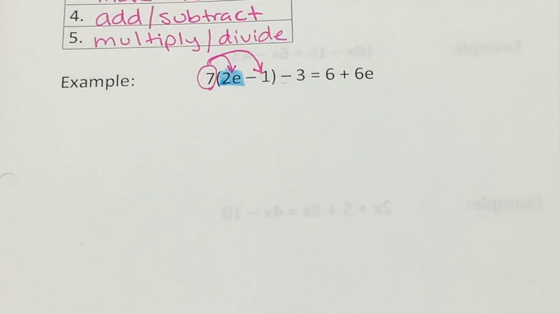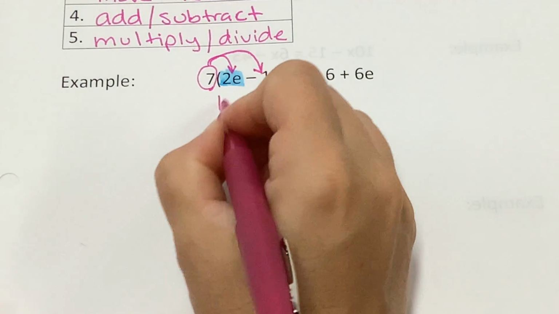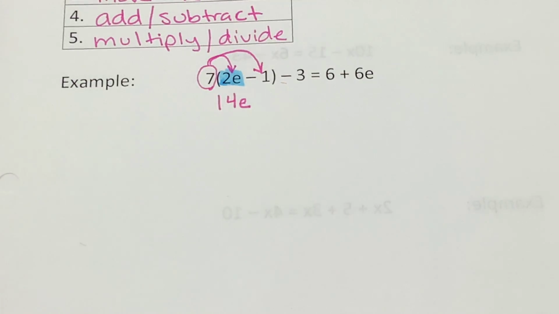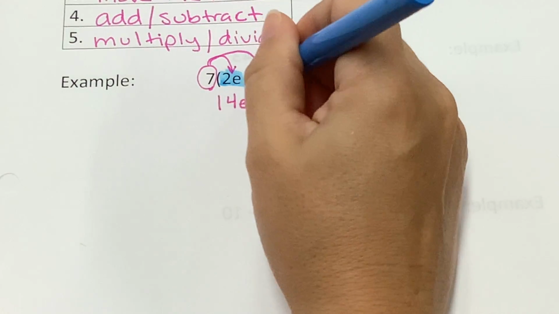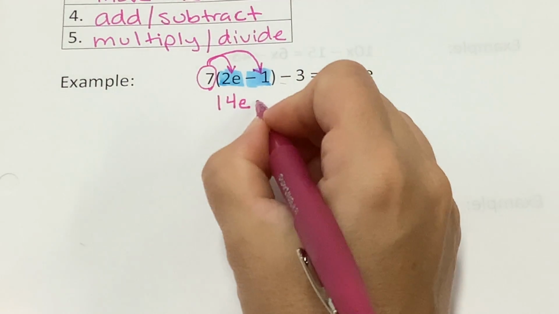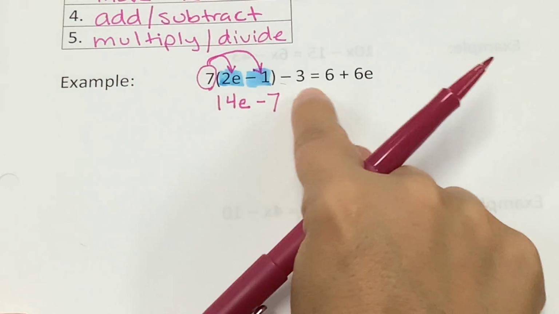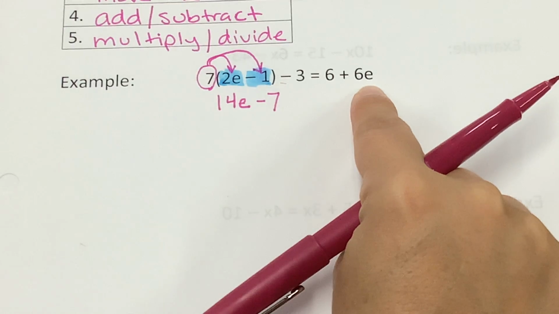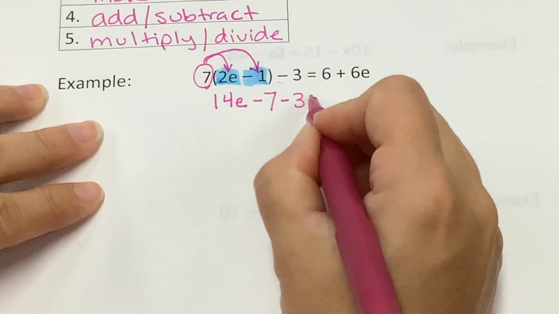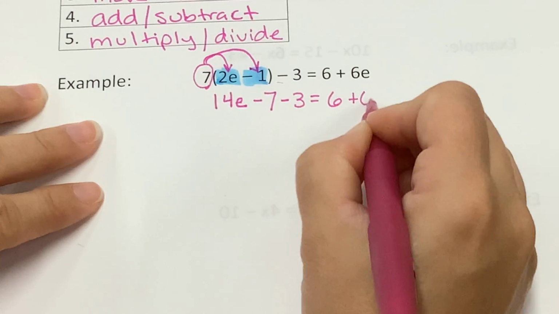So 7 times 2e, 14e. And then you're going to treat this like it is a -1. 7 times -1, -7. What do I do with everything else in my equation? Bring it down. So bring down the -3 equals 6 plus 6e.